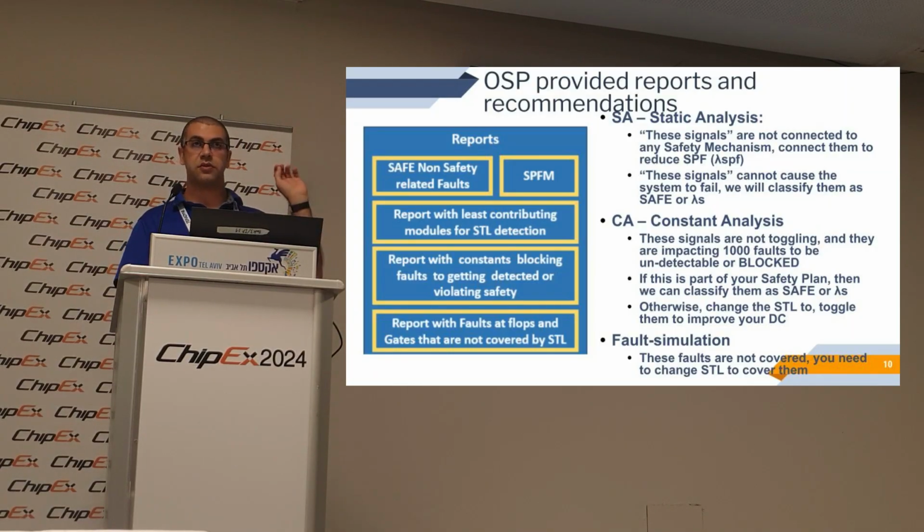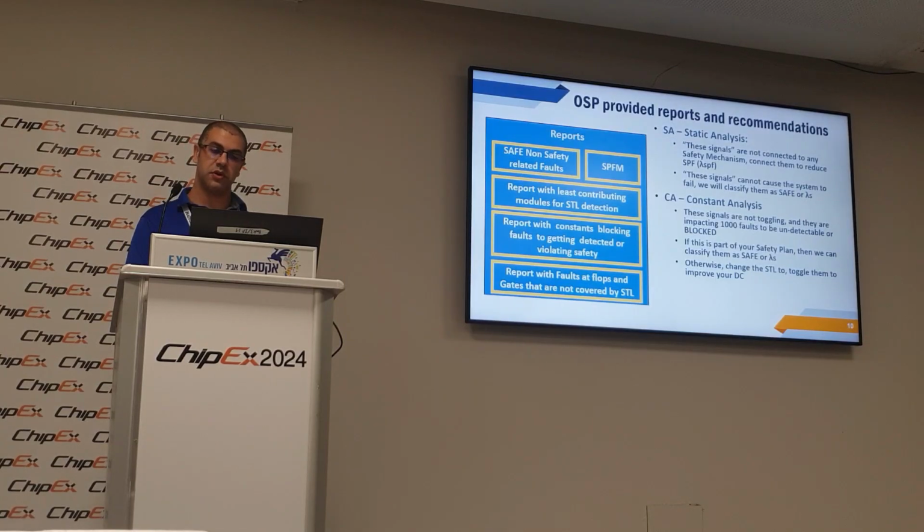Which signals are not connected to the safety mechanism, which signals cannot influence the safety goal. The constant analysis can give valuable information, like how many faults are actually being blocked by these specific signals.